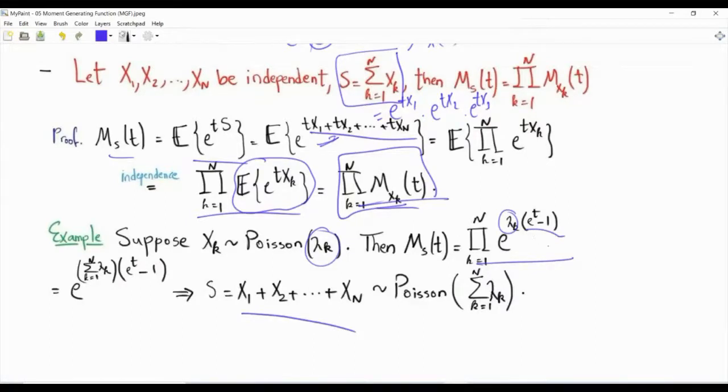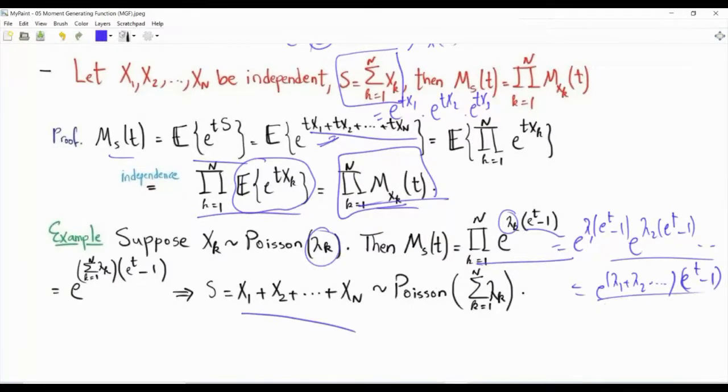And so this product is e to the lambda 1 (e to the t minus 1), multiplied by e to the lambda 2 (e to the t minus 1). So we have exponentials multiplied together, then you can add the exponents, and the lambdas will combine. Then you have e to the t minus 1.